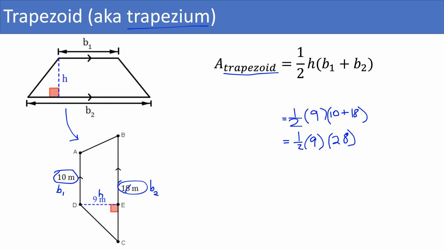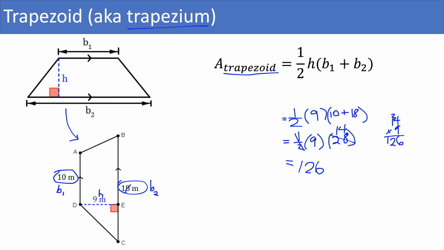I'm going to do half of 28, which is 14. And then I'm going to multiply 9 times 14. That's 6, and 3 is 12. I hope that's right. Yes. Okay. Just wanted to double check myself.